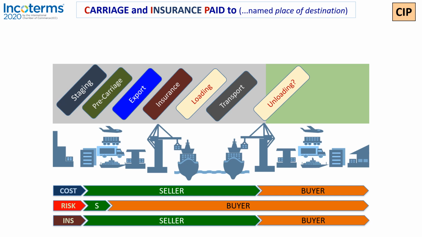The seller has already passed the risk at the first point of loading, similar to what happens in CPT. It's only that the seller is contracting for the insurance, paying that premium, but in the insurance certificate, the buyer will be the beneficiary. Which means that if anything goes wrong, any loss or damage to the cargo, the buyer will have to go and claim for that particular insurance.